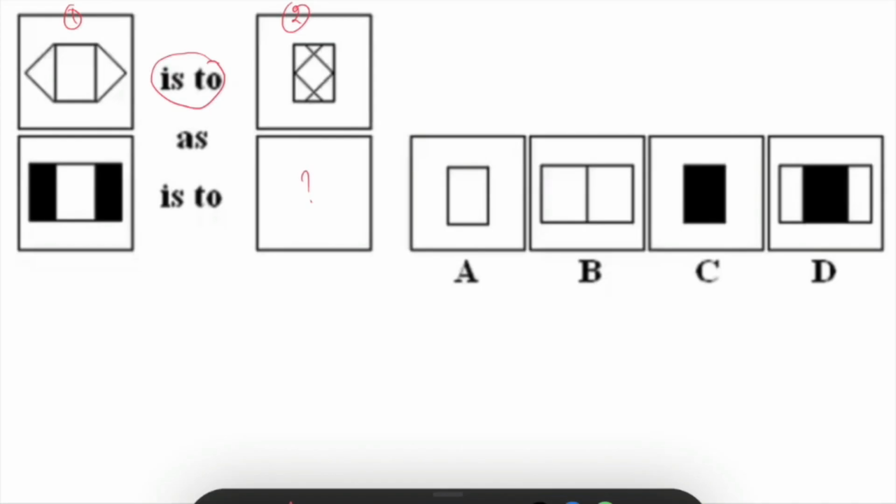If I analyze this relation and identify the connection between them, then based on pattern 3, I can logically find pattern 4 among choices A, B, C, and D.